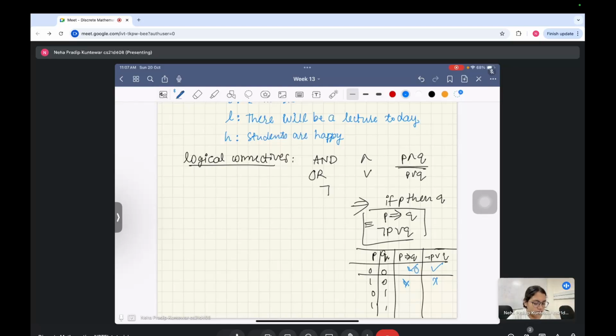If this is 0, this must be 0. If this is 1, this must be 1, and so on. If the truth tables of both statements match, then you conclude that they are equivalent.